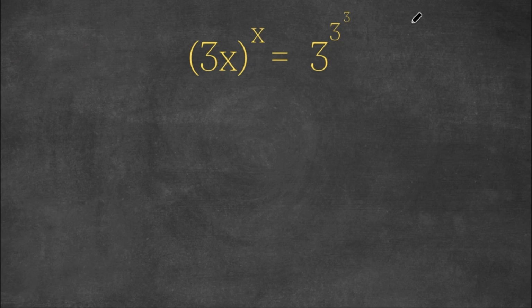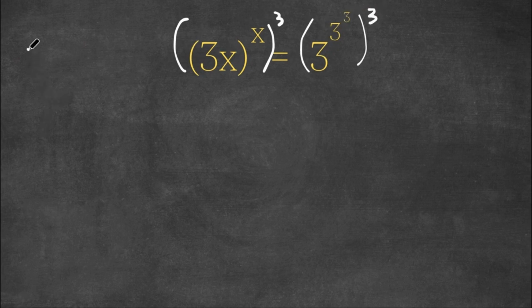Now, what I'm first going to do is take the power of 3 on both sides. So now we have 3x to the power of x to the power of 3 is equal to 3 to the power of 3 to the power of 3 to the power of 3.